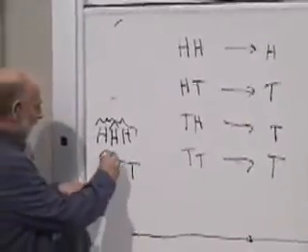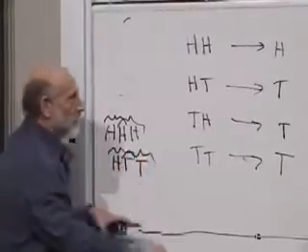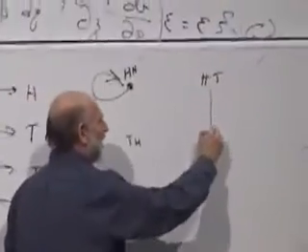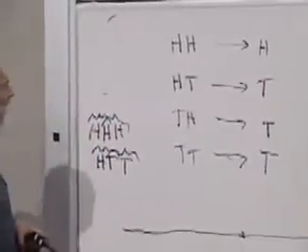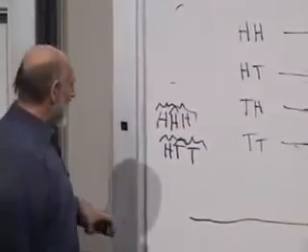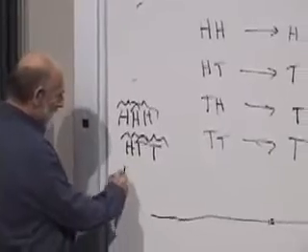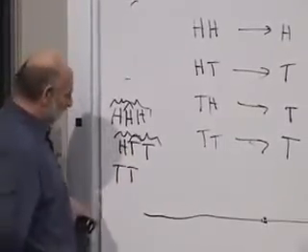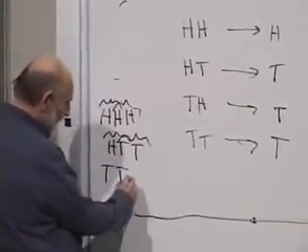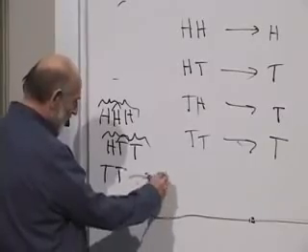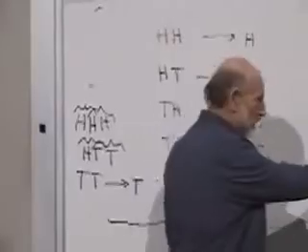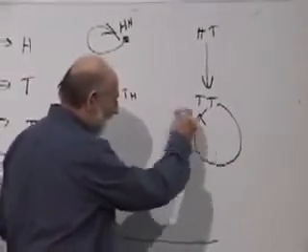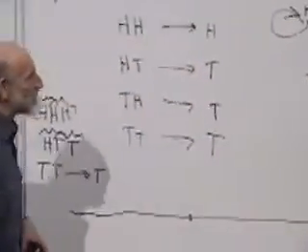You go from heads, tails to tails, tails. Okay, what happens if you go from tails, tails? Oh, we're going to run into trouble, aren't we? Tails, tails goes to tails, tails. Bad. Not allowable by the laws of physics.